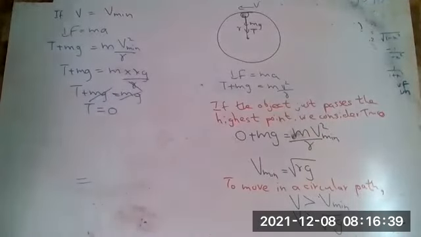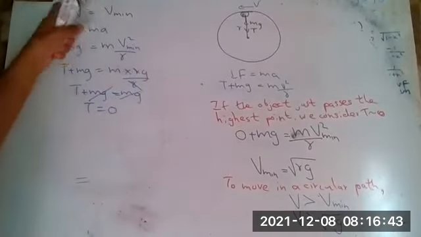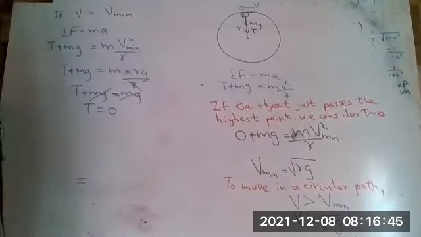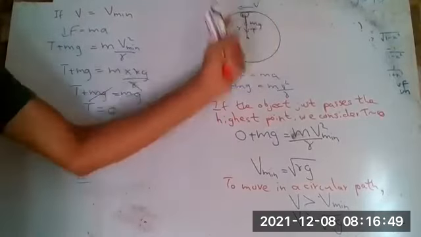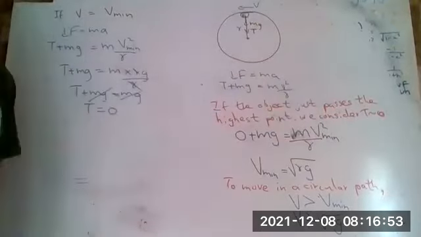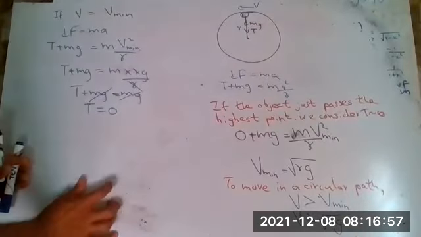If the velocity is v min, it will just pass the highest point, but it will not complete the circular motion. It will travel in a projectile motion.